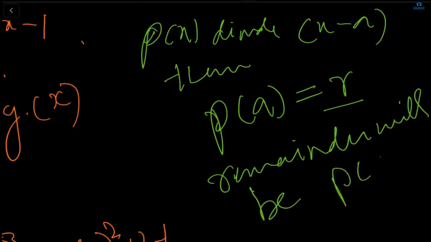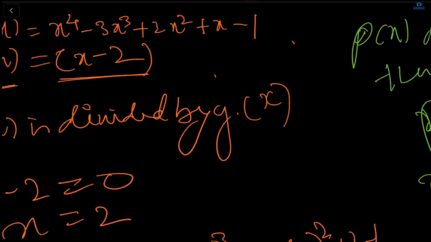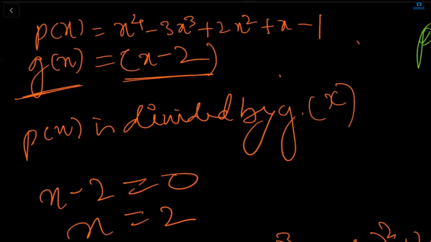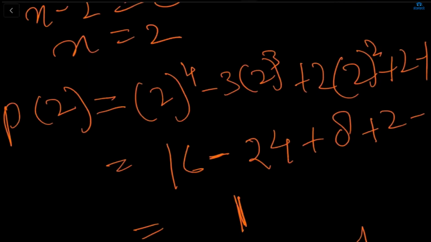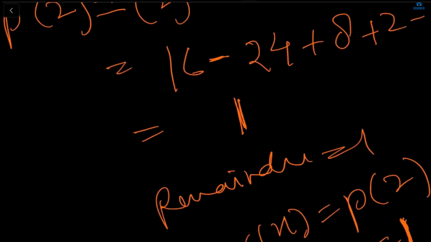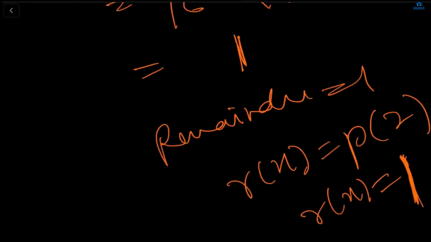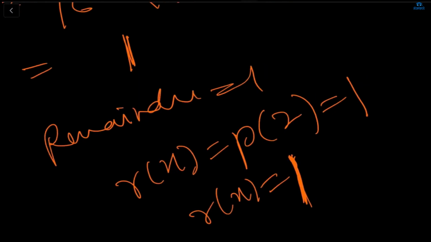Here P(x) was the polynomial and g(x) is x minus 2, so the value of a is 2. So P(2) will be the remainder. When we put 2 in this polynomial, we got remainder 1. This is the exact remainder on the complete polynomial. If you want, you can verify it by following the whole long division algorithm.